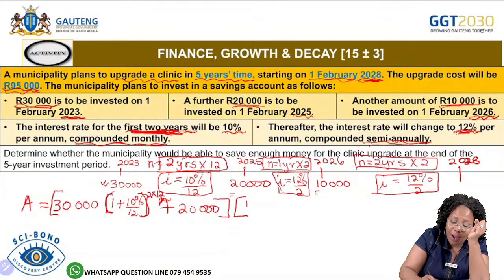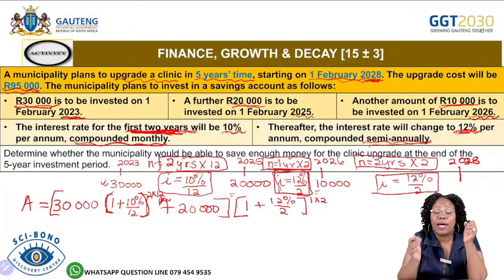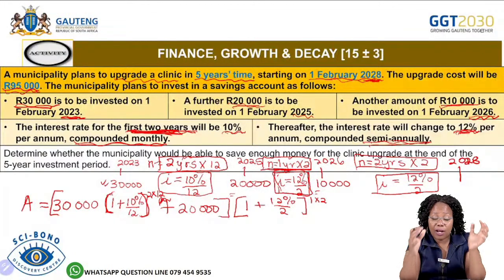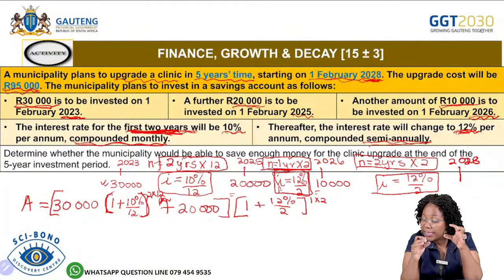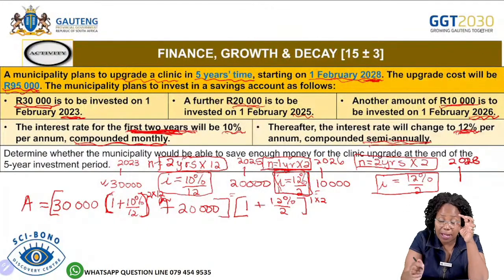So that will be 1 plus 12% over 2 for this interest of 1 year here. And then remember, our n here is 1 times 2. After that calculation, we are adding 10,000. Do you still remember, Grade 12?